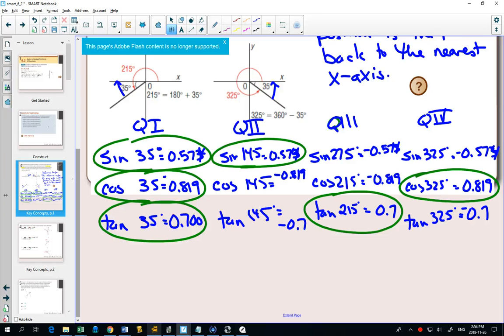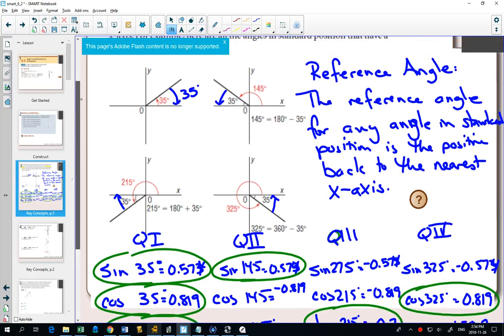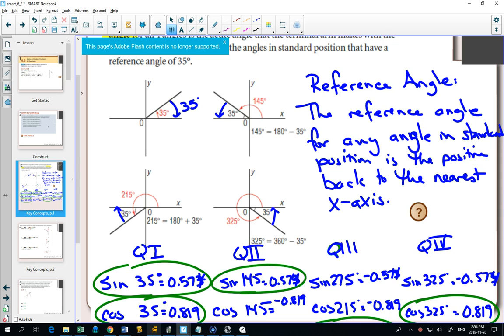Something special happens with reference angles. And this is the key thing for understanding trigonometry going past 90 degrees. The idea is this. When I'm looking at 145 degrees, I can make a triangle over here that matches up with the same triangle over here.